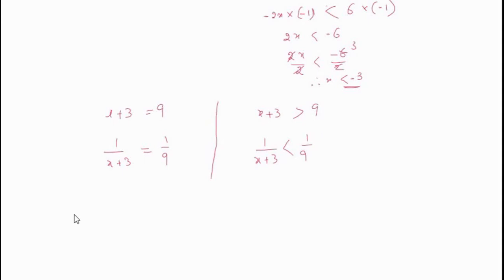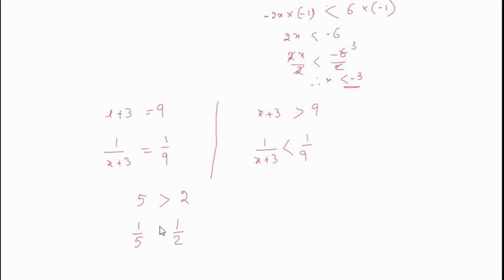Let us illustrate with a simple numerical example here. 5 is greater than 2. Now let us take inverse. 1 by 5 and 1 by 2. Which is bigger? 1 by 2 is bigger.